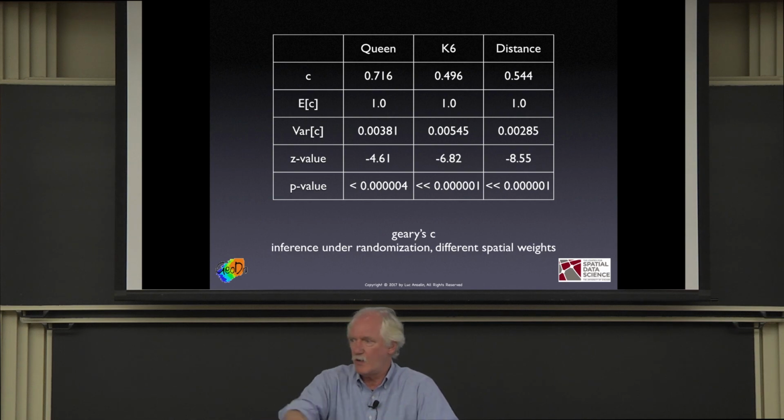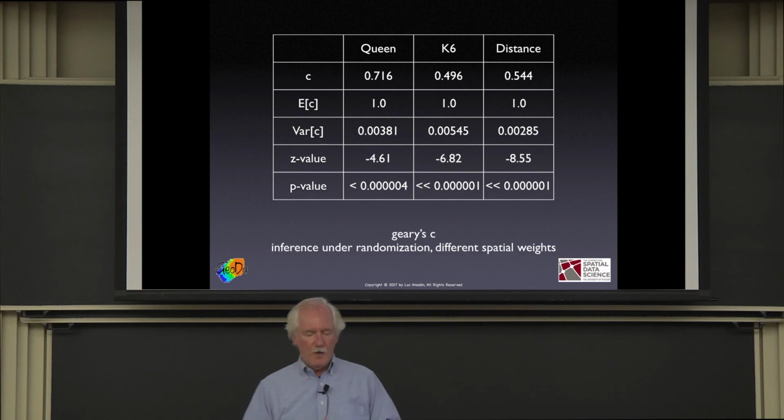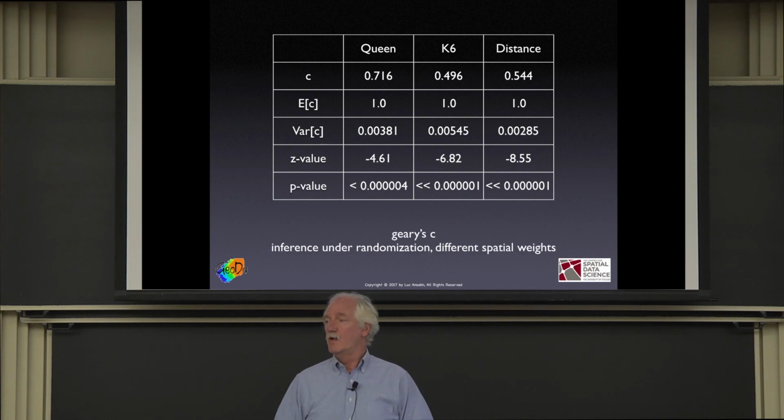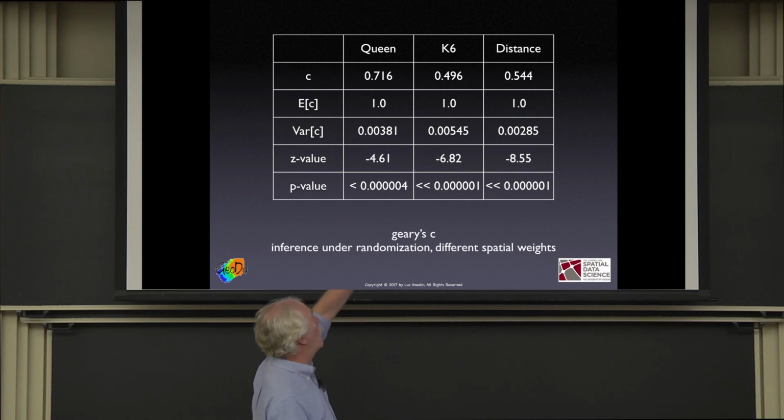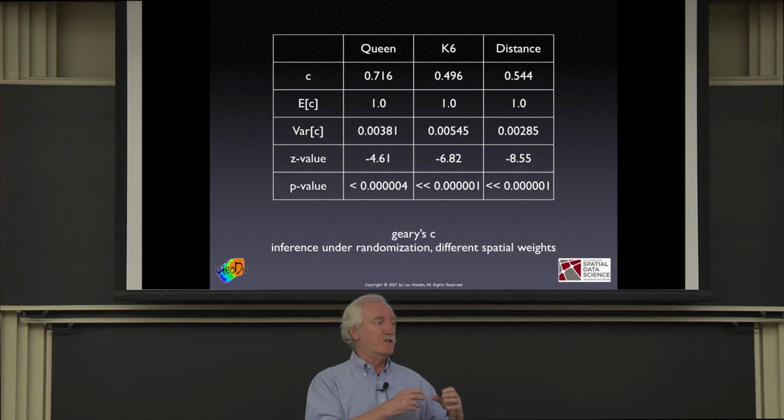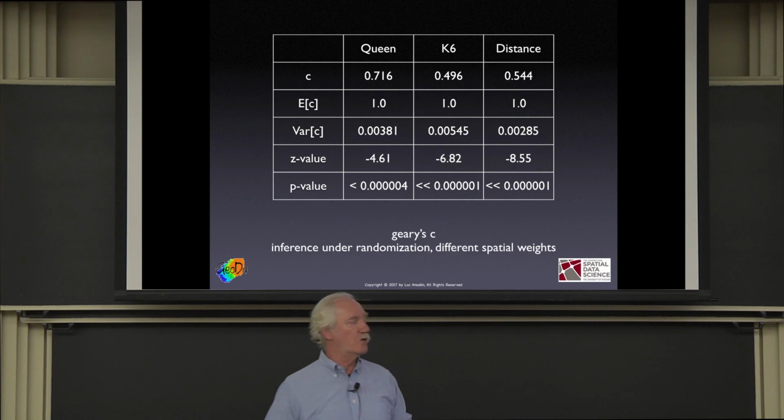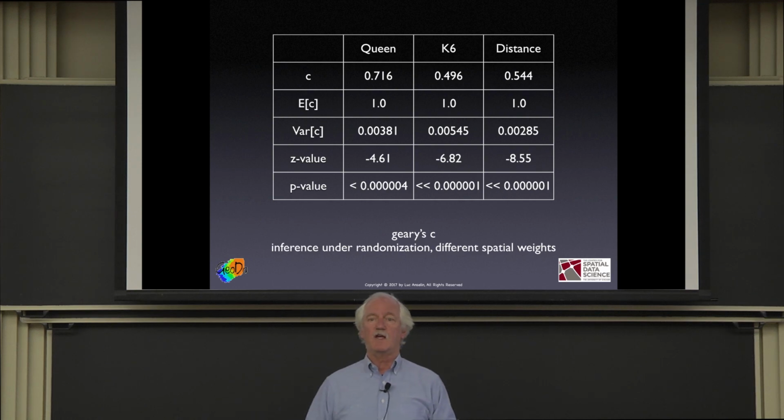You see, the mean is 1 no matter what assumptions you make. The variance differs. That's where the effect of the weights is taken into account. And then the Z values differ as well. And in this case, the ranking is the same as for Moran's I. So again, if you look at the coefficients on the top row, the smallest value, which is the population, is the nearest neighbor with 6 neighbors.